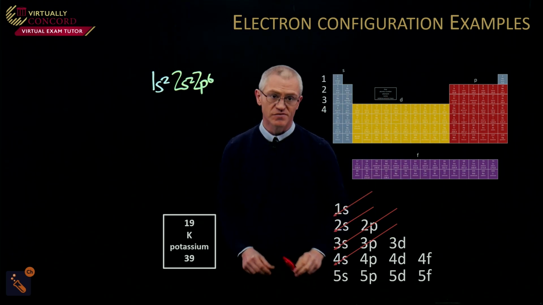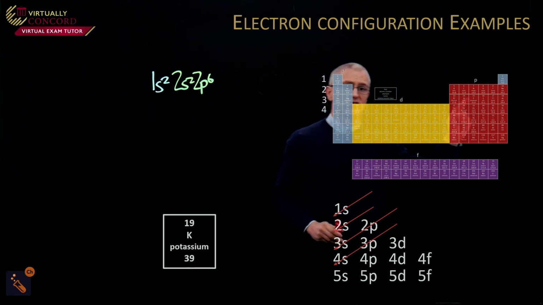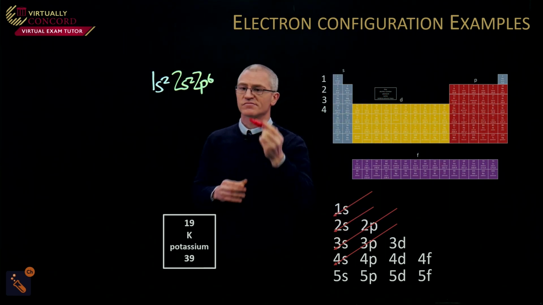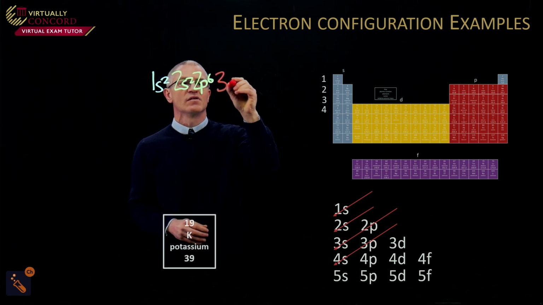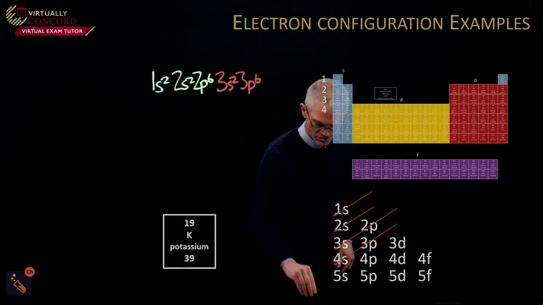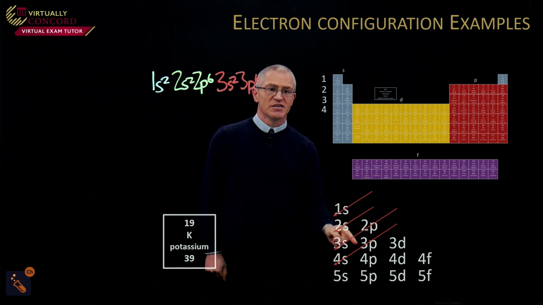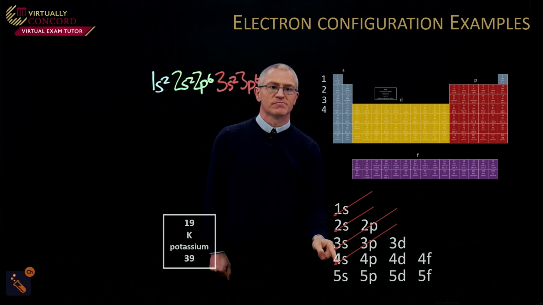We're then going to go for our third subshell, so it's 3s2, and then 3p6. And so 3s2 and 3p6. Now at that point, remember, order of filling is 3p is full, and then go to 4s. Okay, so we go to 4s.